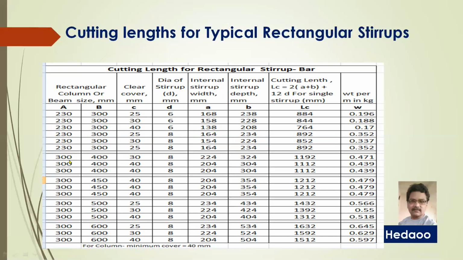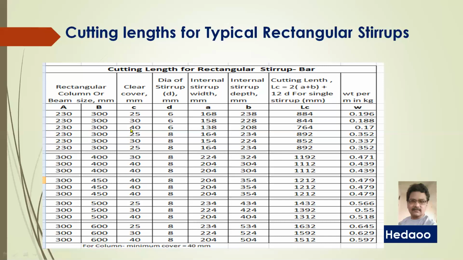Similarly for different column sizes, just like 300 by 400, here I have taken 300 by 450, 300 by 500, 300 by 600. These groups I have prepared, with different covers.